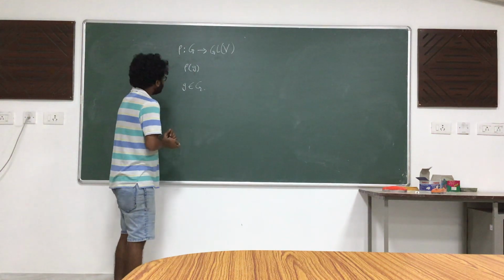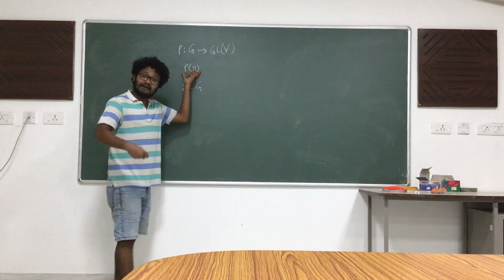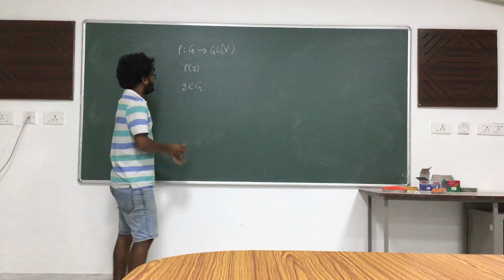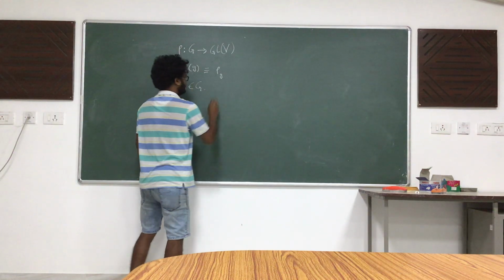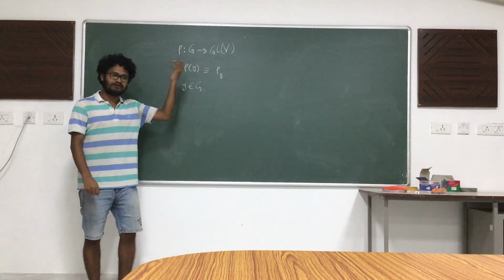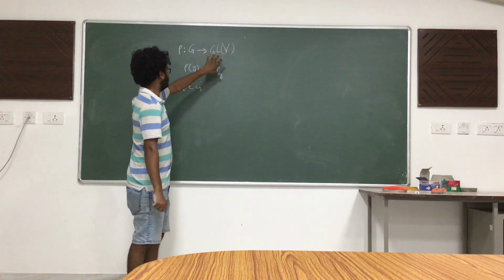Now instead of writing rho of g, which again is another function from V to V, we will denote it as rho subscript g or superscript g, depending on the place where we are using it.